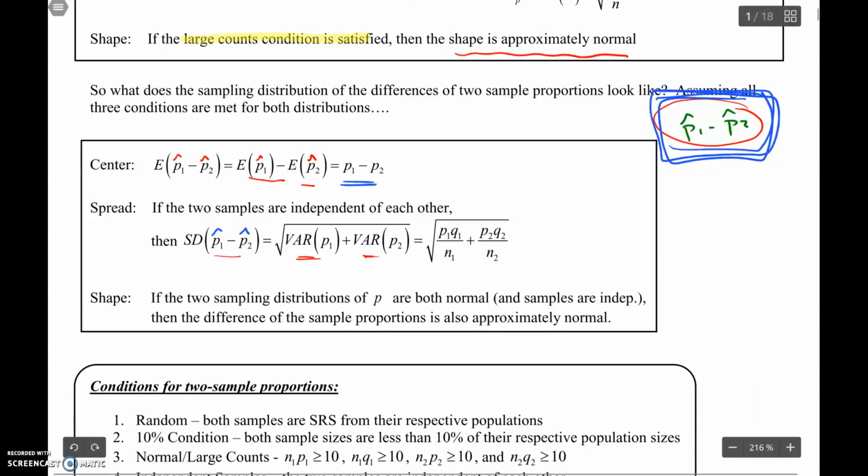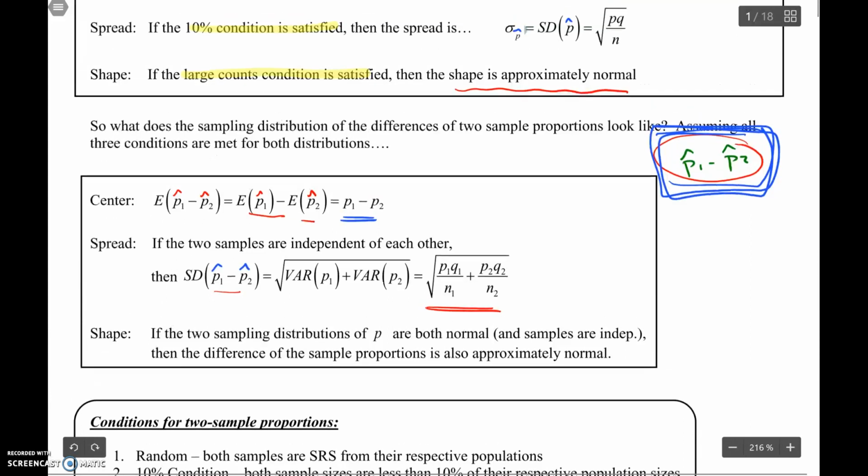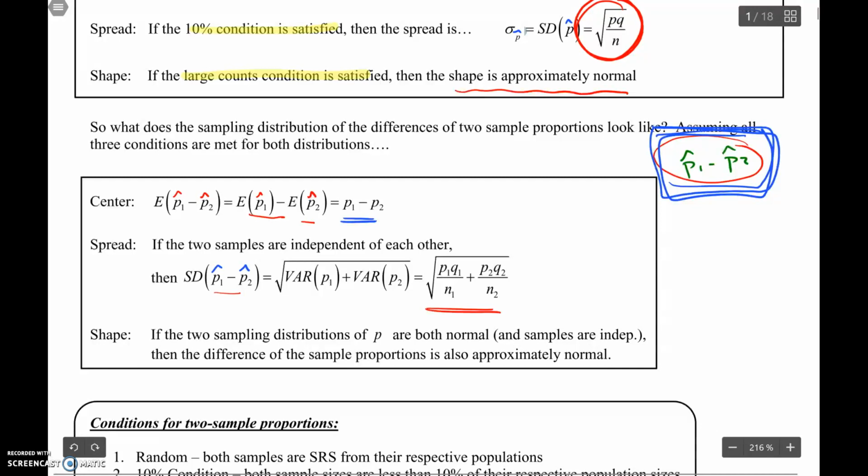So again, this is a consequence of our random variable unit. But as far as what we care about, it's just this formula right here. I'm basically going to take this standard deviation formula, square it to get the variances, add the variances, and square root it to get the standard deviation. So this is on your formula sheet.